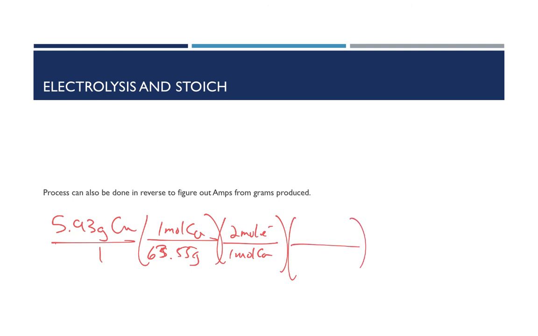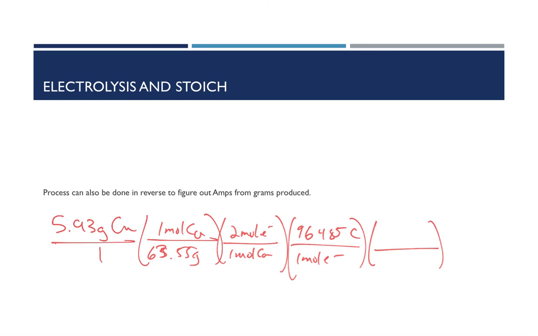Then use Faraday's constant. 1 mole of electrons is 96,485 coulombs of charge. Okay, and then from there we would need to go and divide our coulombs by time.